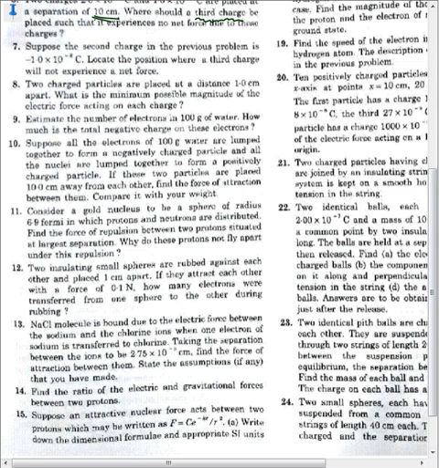The only thing that we can consider for a minimum possible magnitude of electric force is that the charge must be minimum, and the minimum possible charge that we can consider is that of the electron or proton. Obviously it hasn't told us about the nature of the force, so it can be either attractive or repulsive. So you can consider one electron and one proton, or two protons or two electrons.